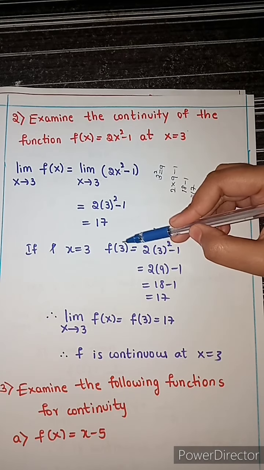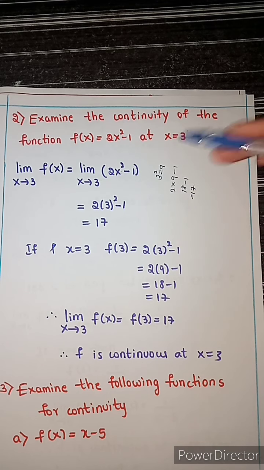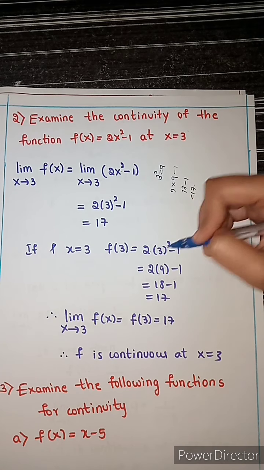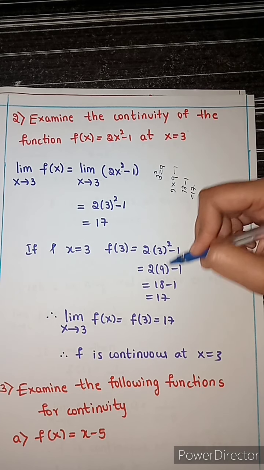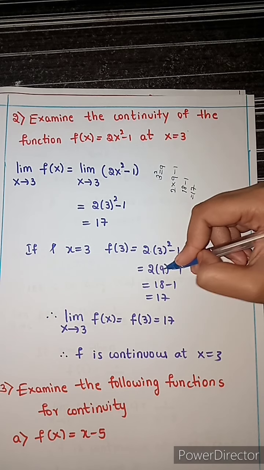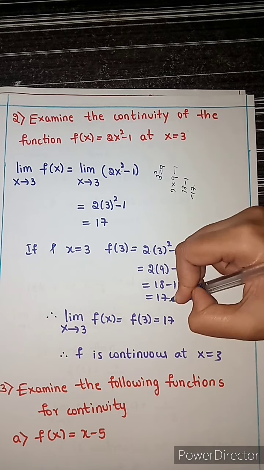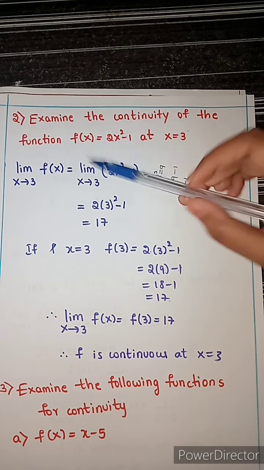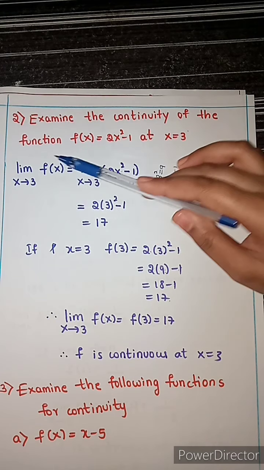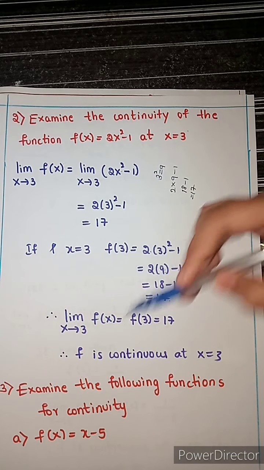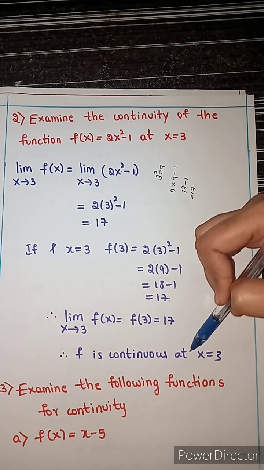Now take x equal to 3. f of 3. Now put 3 in the place of x. 2 into 3 square minus 1. 3 square is 9. 2 into 9 is 18, minus 1. 18 minus 1 is 17. Okay. Now limit x tends to 3, f of x is equal to f of 3.